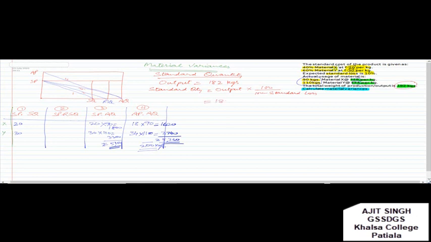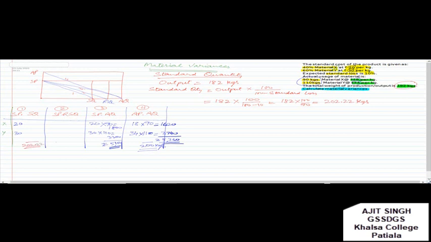Output is 182 kgs into 100 divided by 100 minus 10. It is 182 into 100 divided by 90. This comes to be 202.22 kgs. This is your total standard quantity.